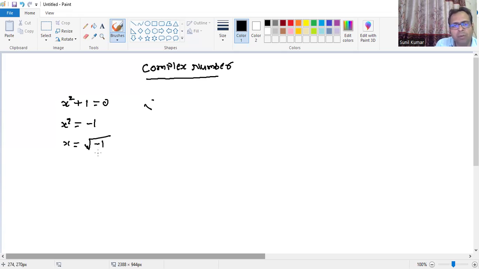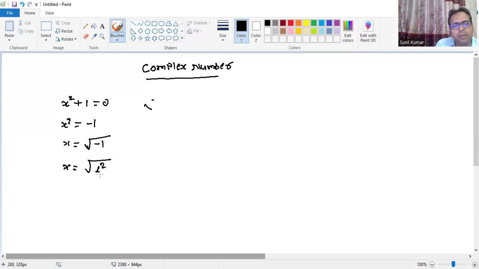So Euler first introduced one notation, that is called iota. What is the meaning of iota? Suppose we have x equal to the square root of minus one.